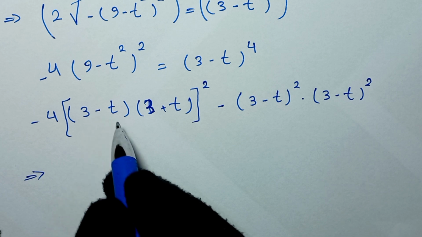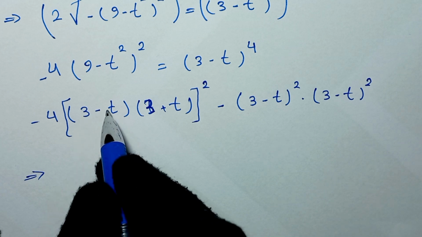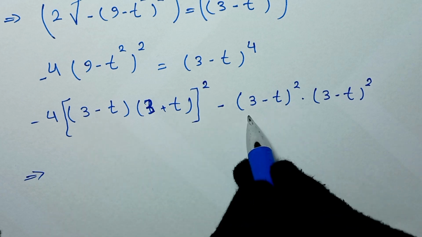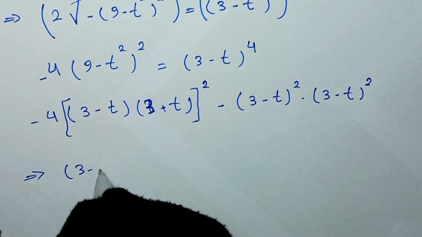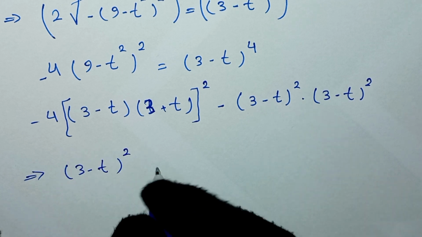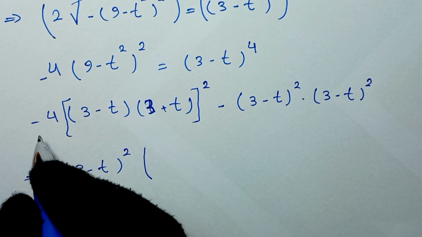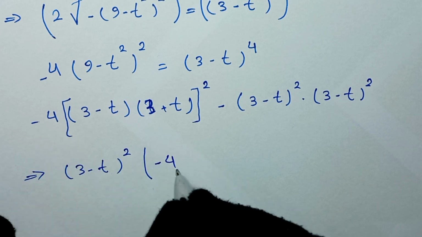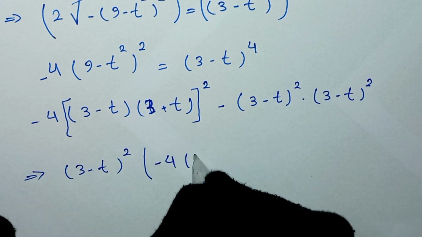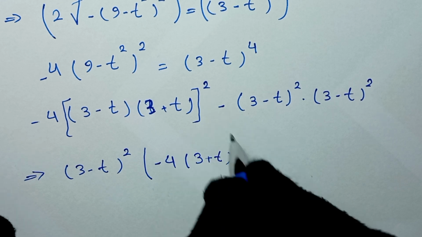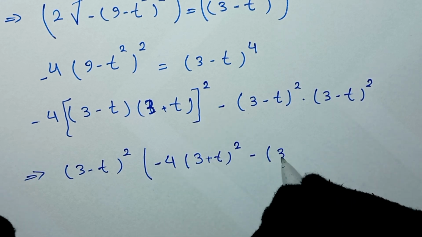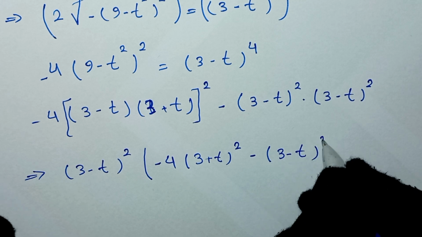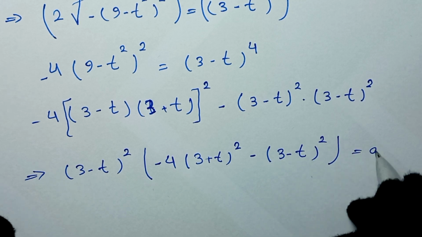So we can factor 3 minus t to the power of 2. In here also we have 3 minus t to the power of 2. So we factor 3 minus t to the power of 2, and it will be, in here we have negative 4 times 3 plus t to power of 2 and minus 3 minus t to power of 2 is equal to 0.